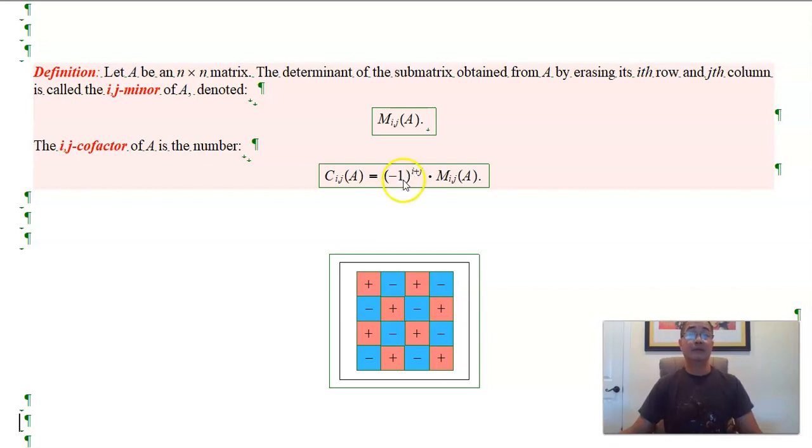Well, we know this from algebra. If you have an even exponent, it becomes +1. If you have an odd exponent, you have -1. So where do we get +1? Row 1, column 1, 1 plus 1 is 2. So -1 squared, that's +1. If you move to the right or down, you add 1 to the column number or to the row number, but not both.